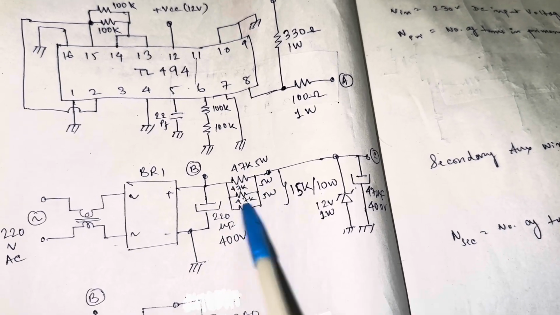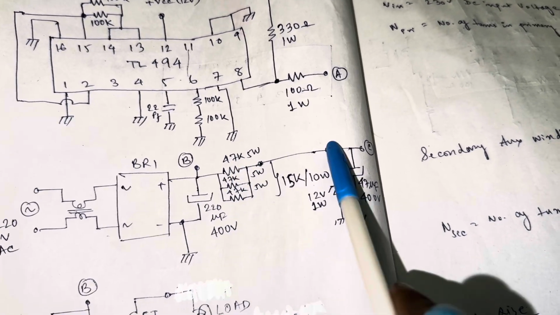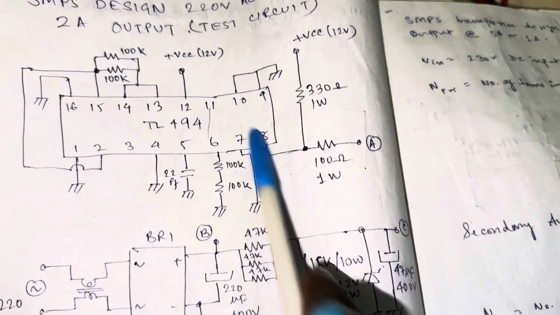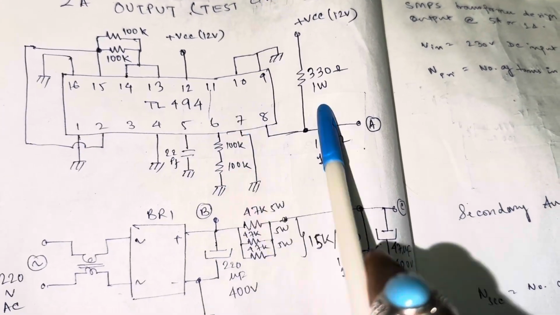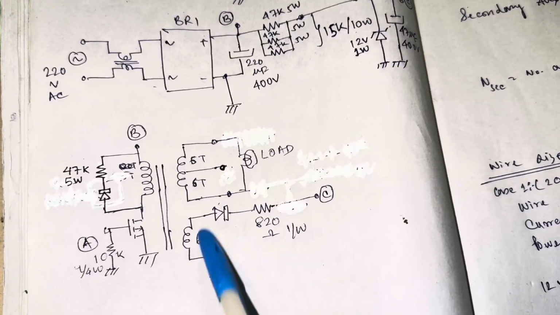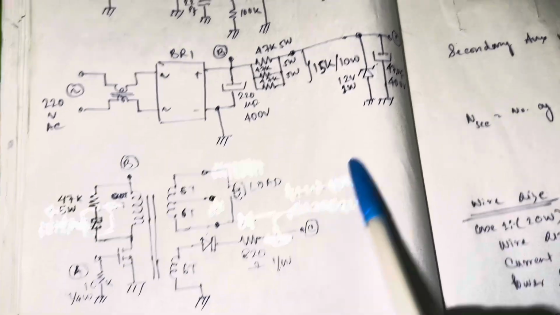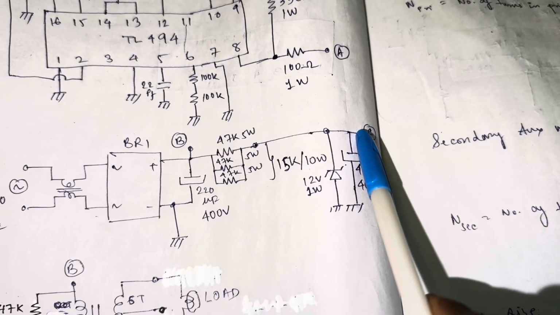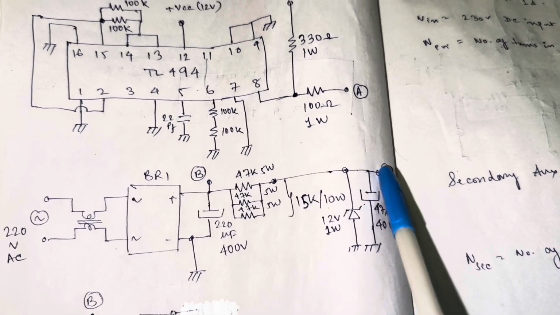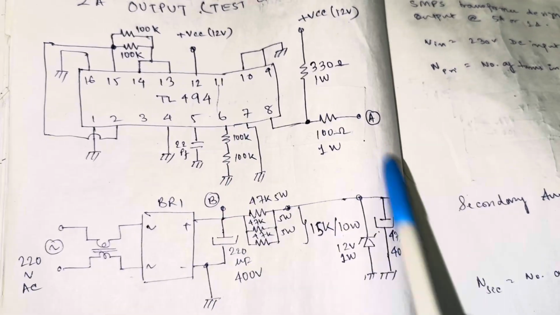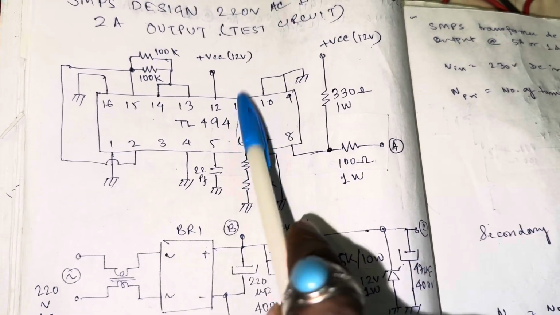You can see the control supply is taken from this loop, and later on when the TL494 starts oscillating, this auxiliary winding will feed power to the TL494. You can see the auxiliary winding is connected here, and from here it is feeding power, and the same point is connected here also. So from here the TL494 will be driven.